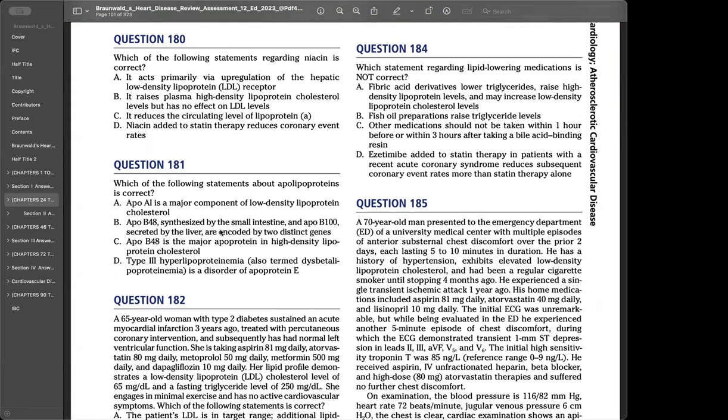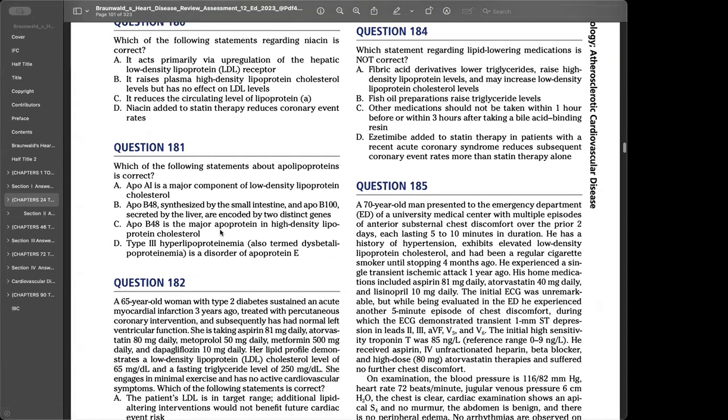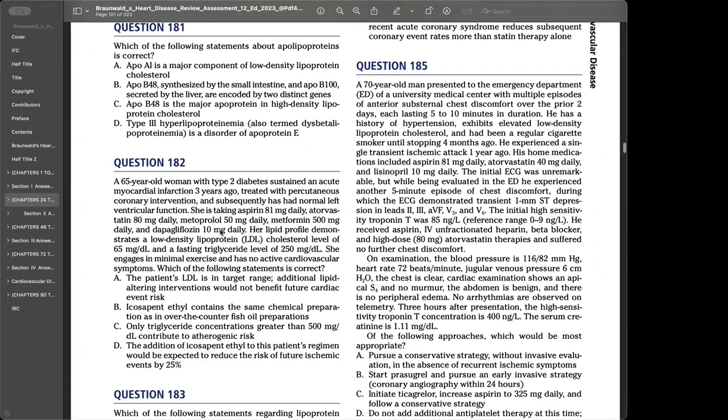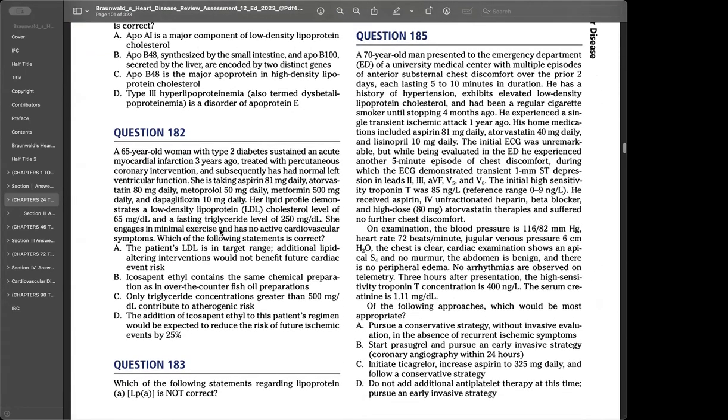Okay, we'll go to question 185. It's a long question. A 70-year-old man presented to the emergency department, ED, of a university medical center with multiple episodes of anterior sternal chest discomfort over the prior 2 days, each lasting 5 to 10 minutes in duration.